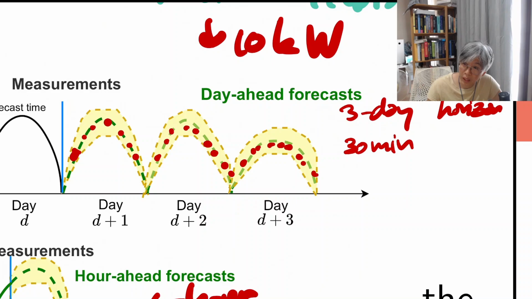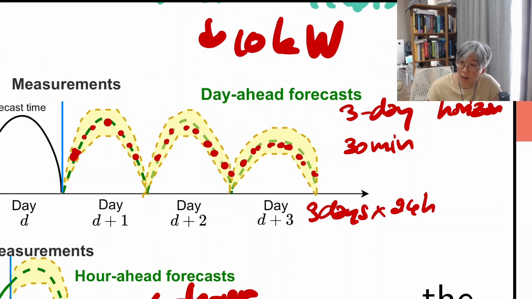The answer is the number of points that you need to release. It is, of course, 3 days, right? Each day has 24 hours, right? And in 1 hour, how many points? Now you look at the resolution, which is 30 minutes. So in 1 hour, you have 2 points.